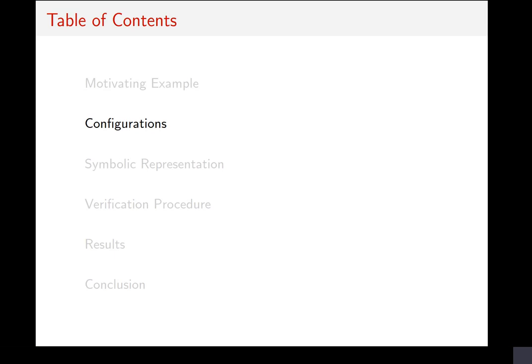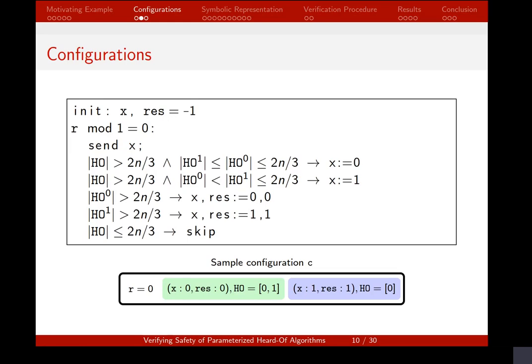Here we see how we model the configurations of the system. For the one-third rule algorithm that we saw, a sample configuration can be like this. It's a tuple in which first comes the round number. Then we have a multiset of all the participating processes.